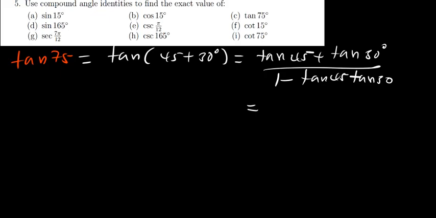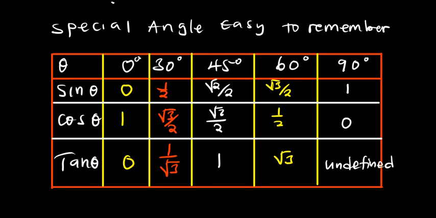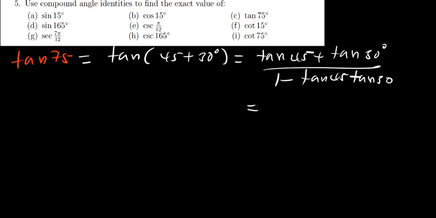What is tan 45 and what is tan 30? Tan 45 is 1, tan 30 is 1 over root 3. That's what we have said.